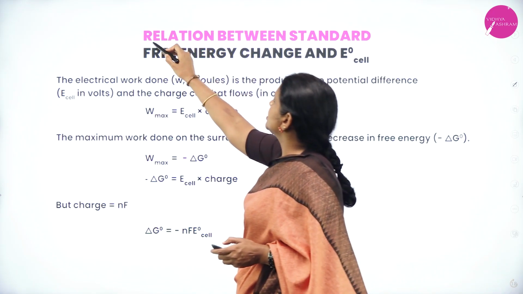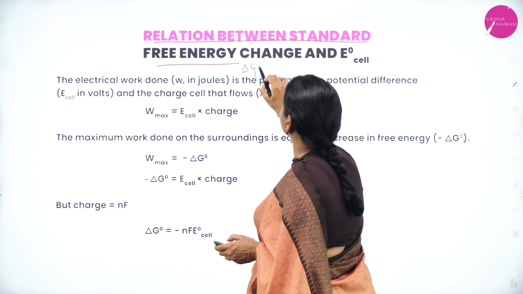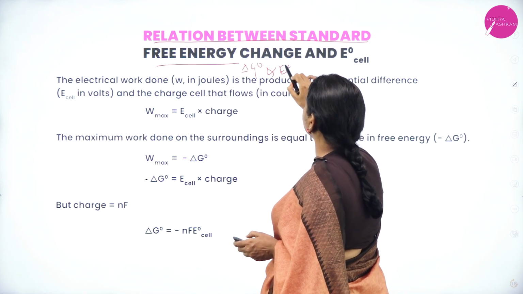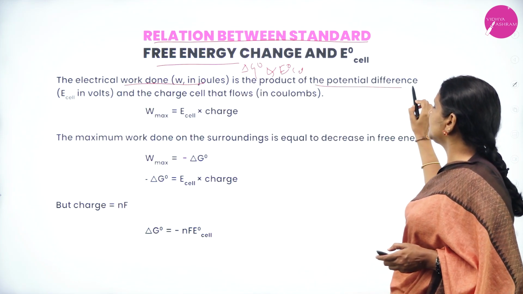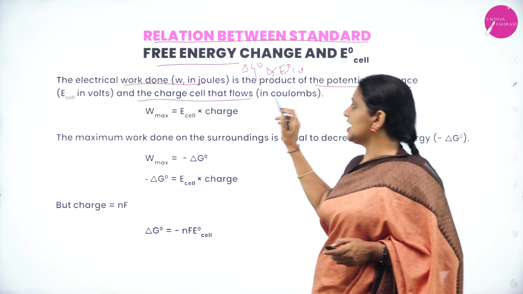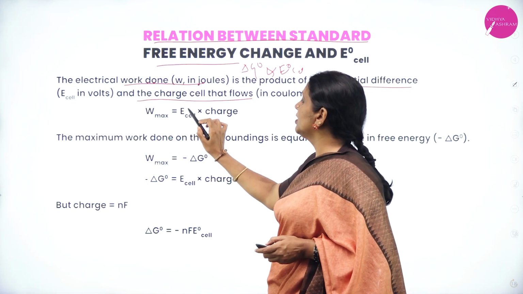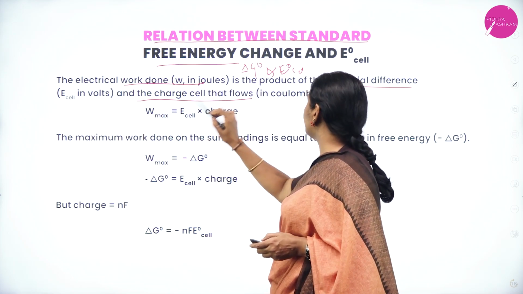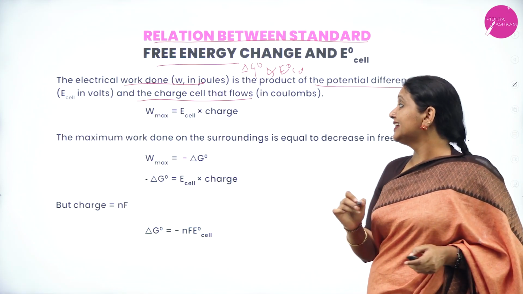Next, the relationship between standard free energy change, that is delta G naught, and E naught cell. The electrical work done in joules is the product of potential difference and charge in the cell. Therefore, maximum work done is equal to E cell into charge. It is the product of the potential difference, electrode potential, into what?